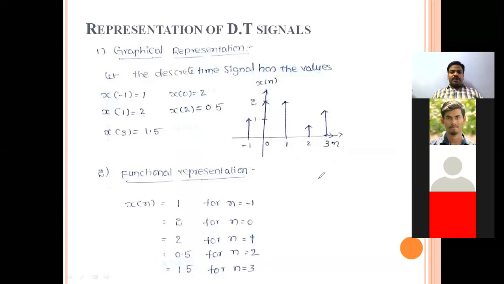In some textbooks, we use arrows for representing the discrete time signals, or sometimes we represent the same discrete signal like this. I am going to represent the same graphical representation of x of n.